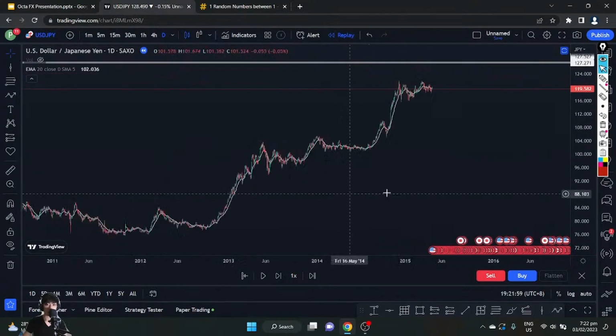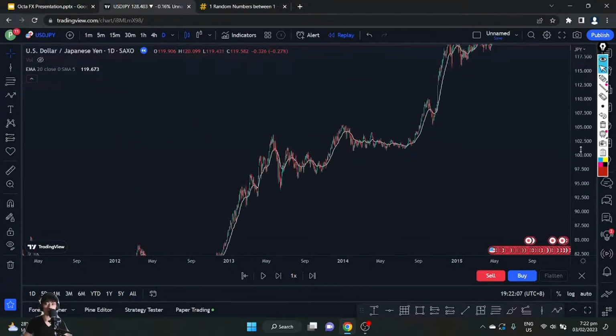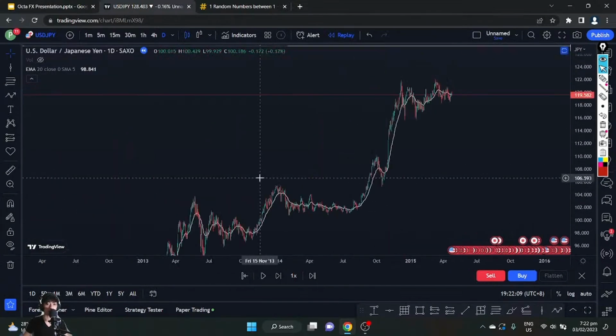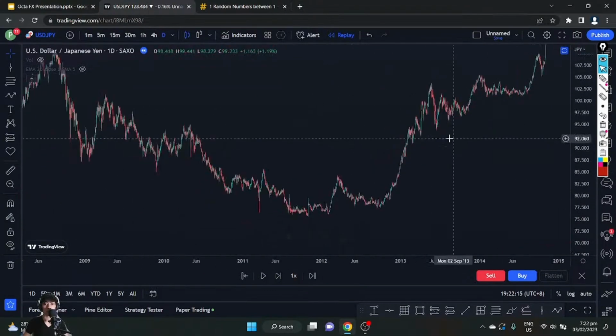Every time that you zoom out, and if you see that the market is going up, you can use the moving average, and as we can see, true enough, the price is moving above the line or the moving average.